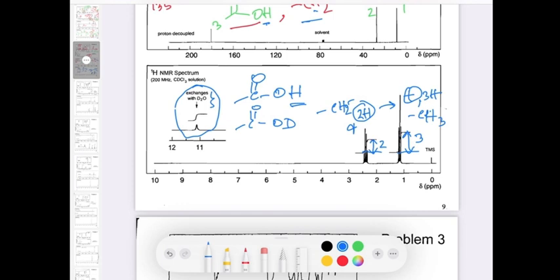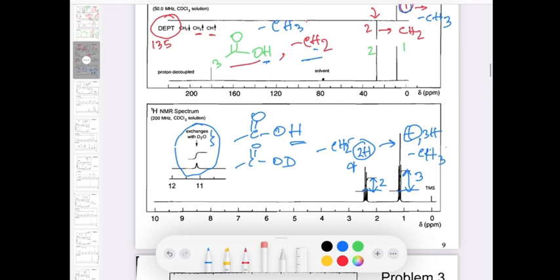In that case, sometimes you may lose that signal in your NMR. That's why it is said exchange. So now, from all those pieces of information from the carbon NMR and proton NMR, clearly you have the information in your hand.